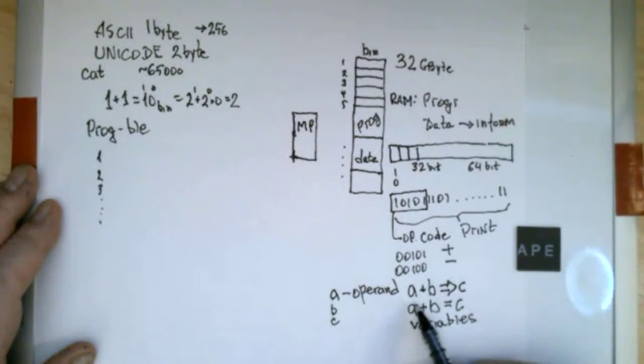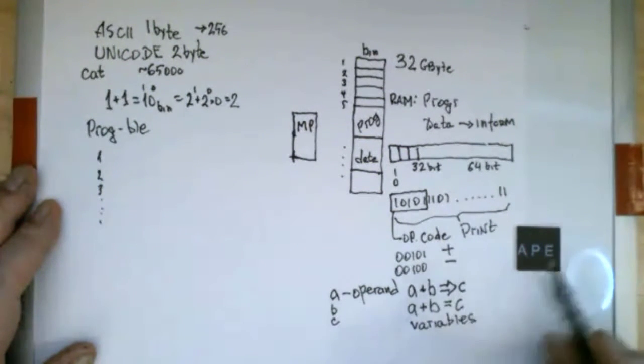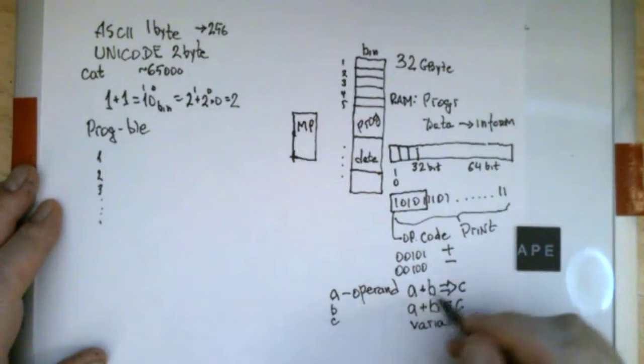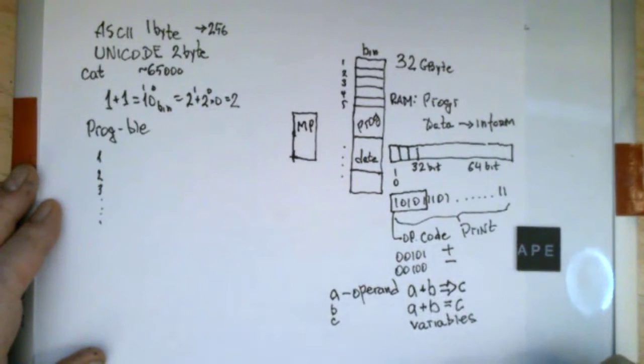So C is a cell in memory, and that will be filled up with information after data for A and data for B are sent to the cell identified as C.